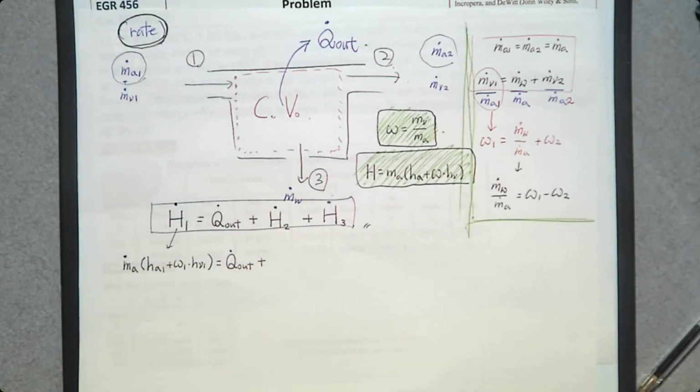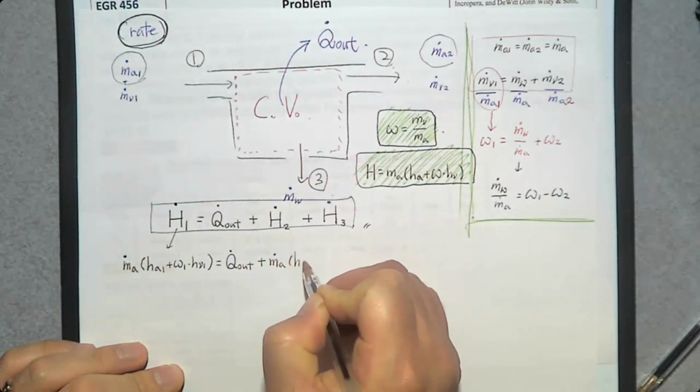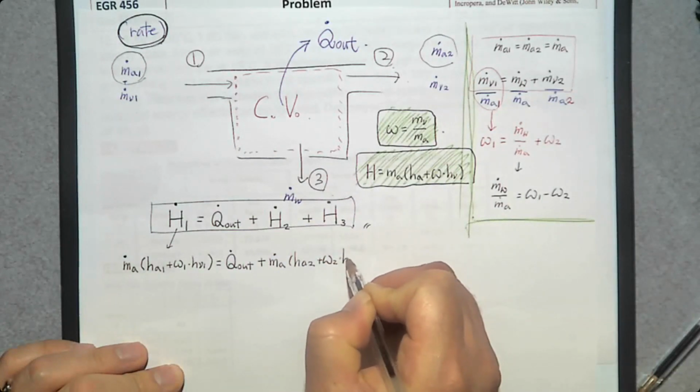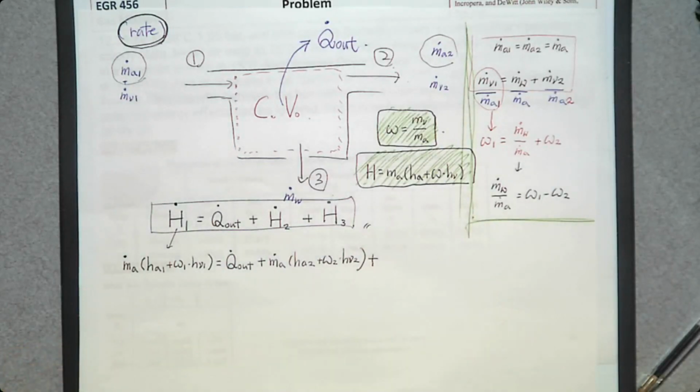plus. Now we have the total enthalpy at the exit number 2. You just need to add number 2 in the subscript. But m dot A2 is the same as just m dot A. So I'm going to say m dot A, hA2 plus omega 2 times hV2, plus the last one, H dot 3.